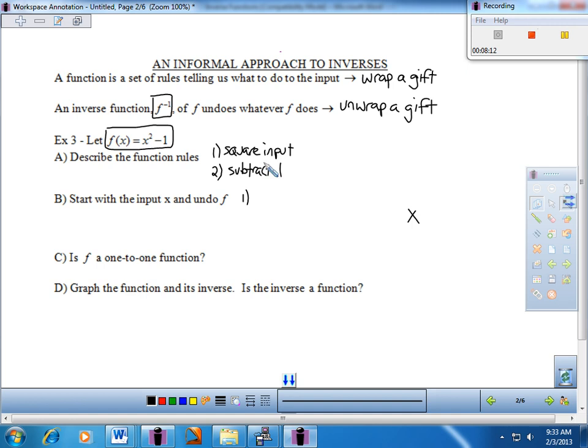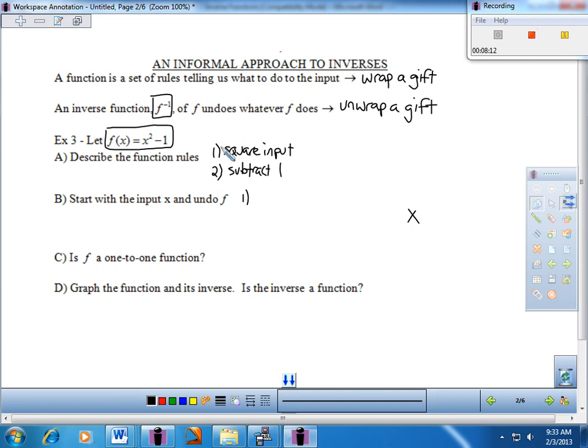Now, if you remember my description, everybody, when you wrap a gift, you put the present in the box, you put the paper on top of the box, you put the tape on top of the paper, then you put the bow on last. When you unwrap the gift, everybody, what do you start with? The bow. And so if I do this and then this, well, to undo that, I start at the bottom and I work my way back up. Start with the bow and work your way backwards.